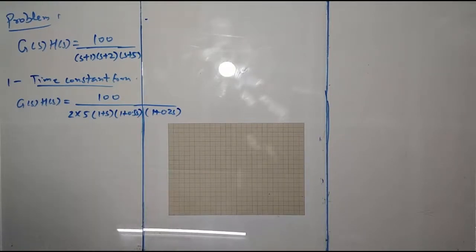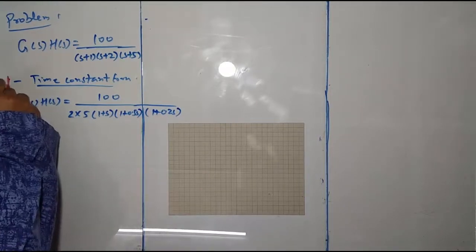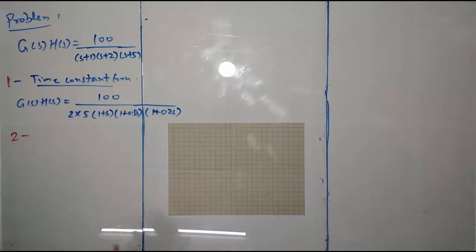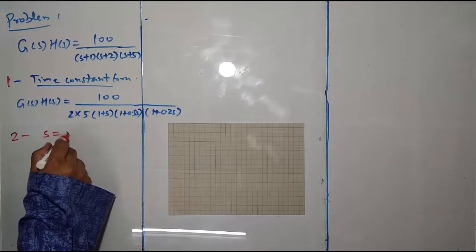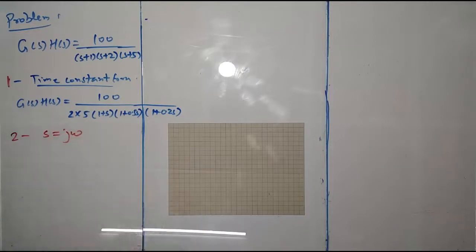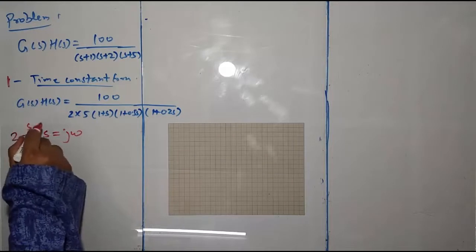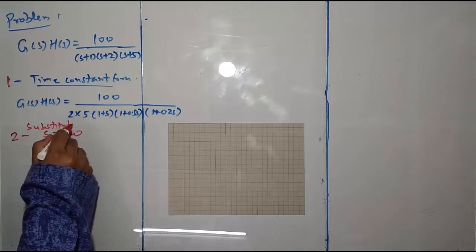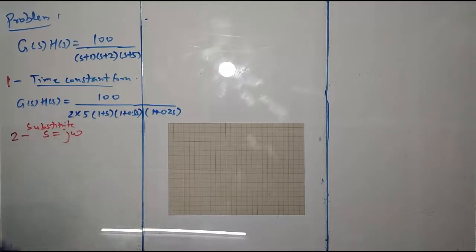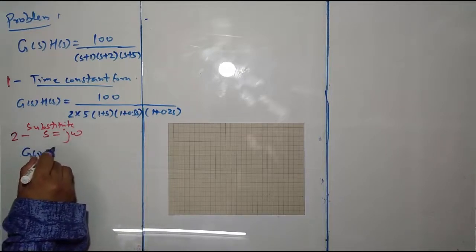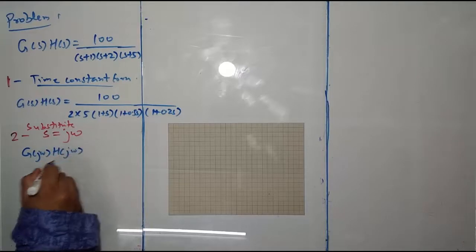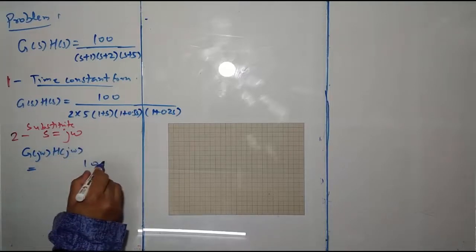The second step says to substitute s equal to j omega in order to obtain the frequency function. So you substitute s equal to j omega, and you get G(j omega)H(j omega), which will be equal to 100.